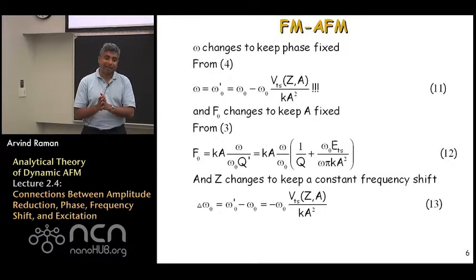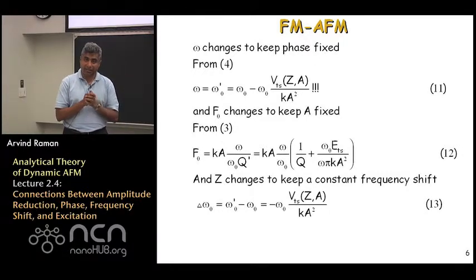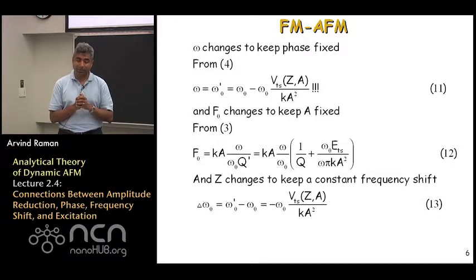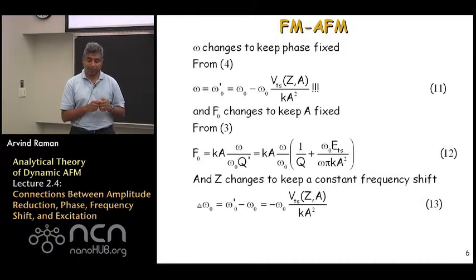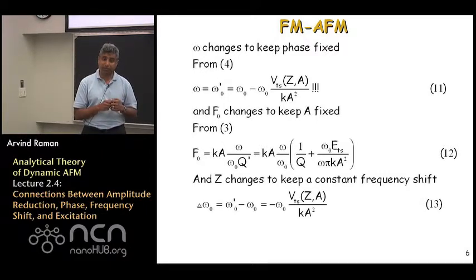So we have a very nice way of tracking the modified natural frequency by tracking the phase through the phase lock loop. The second thing one does in frequency modulated AFM is change F naught to keep the amplitude fixed. So we go back to the amplitude reduction equation and require that omega equal omega naught prime so that the phase lag is 90 degrees, and find out what the value of F naught should be.